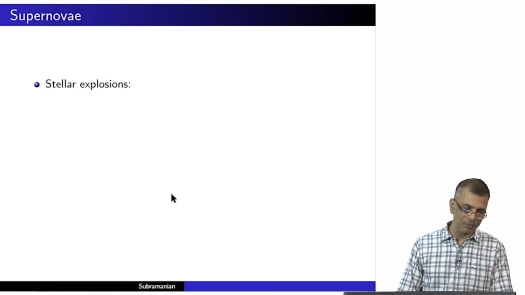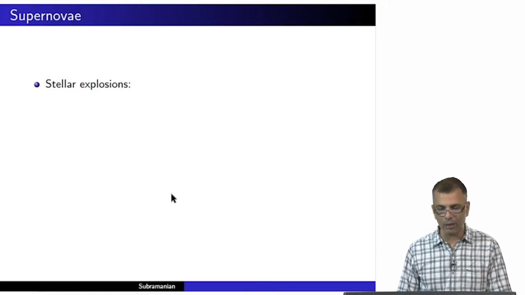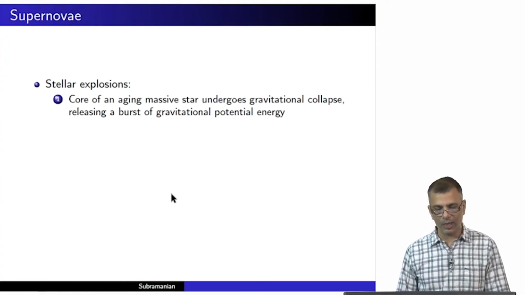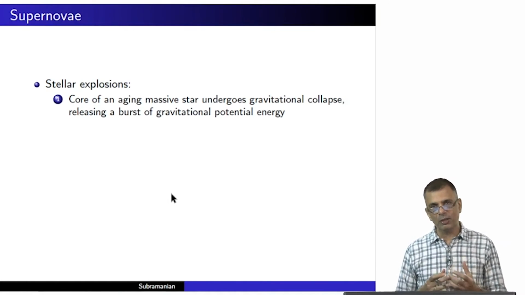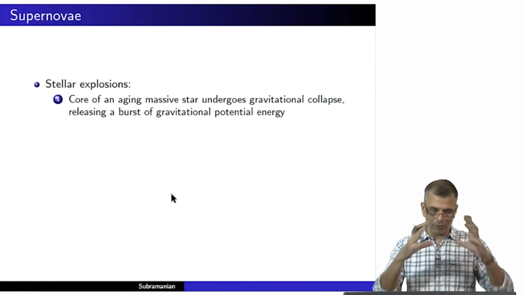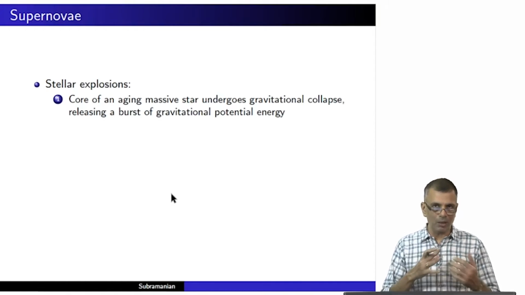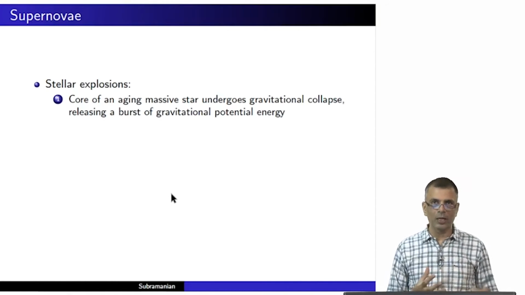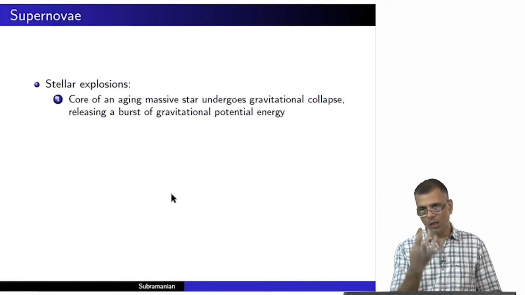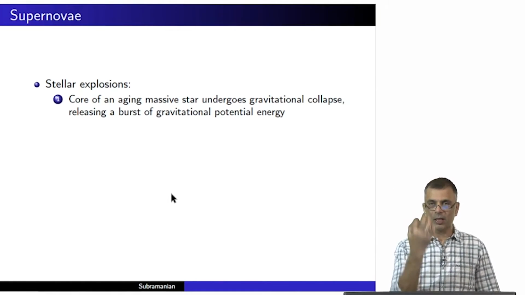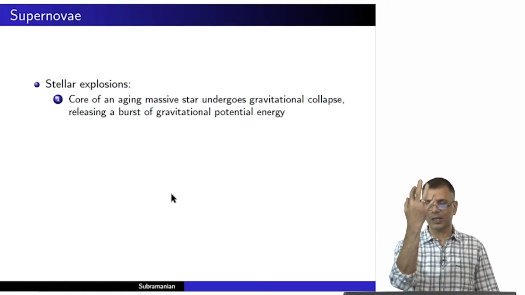Supernovae, to give you some astro background, are essentially stellar explosions. Okay, and this happens when the core of an aging massive star undergoes gravitational collapse. You see, the surface of a star is held in equilibrium due to a balance between several forces. You have the core pulling the outer layers of the star inwards, and that's the gravitational attraction.